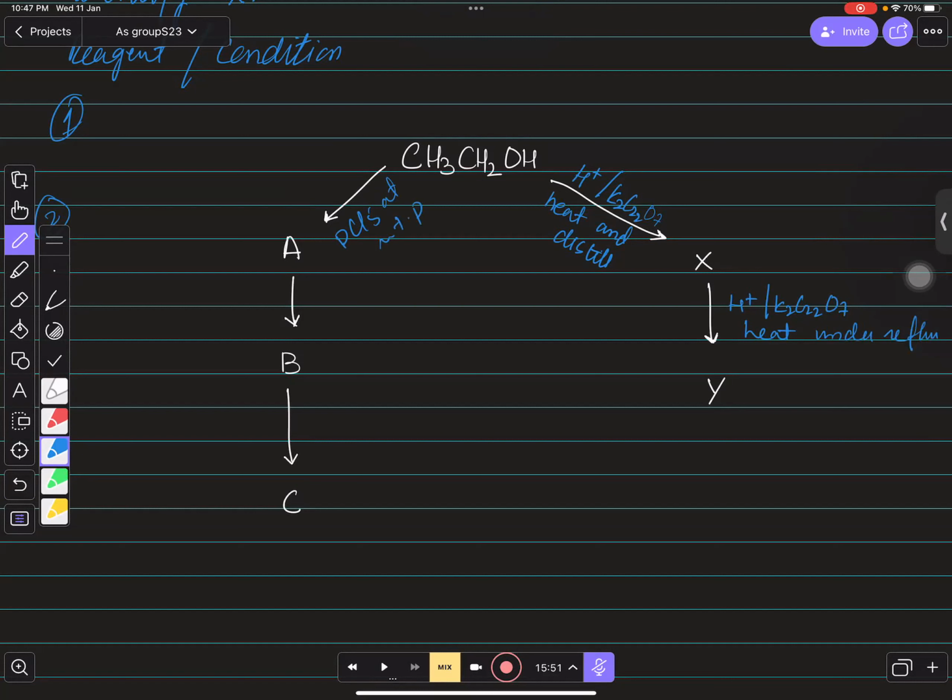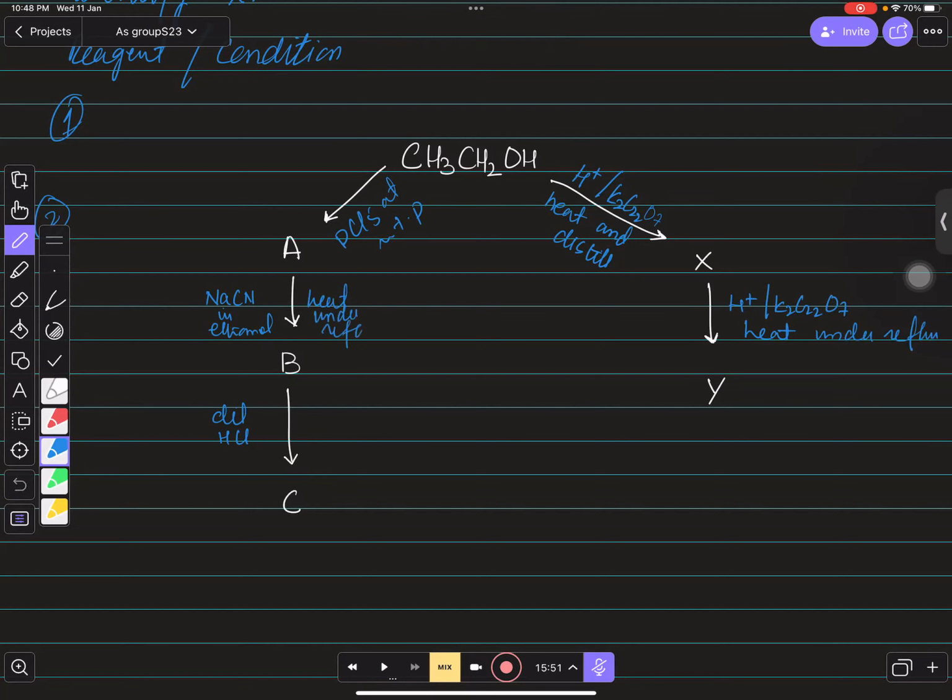And then I am adding over here NaCN in ethanol. And over here, I'm adding dilute hydrochloric acid and heat under reflux, right?